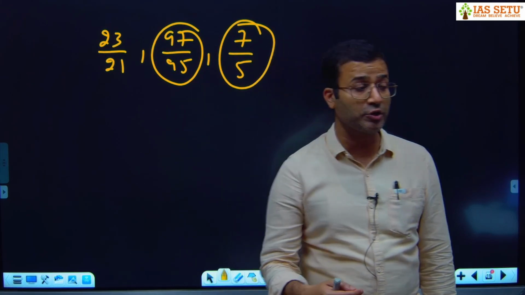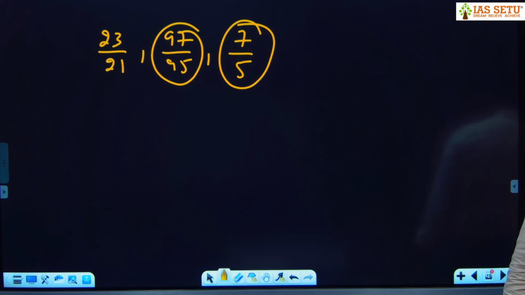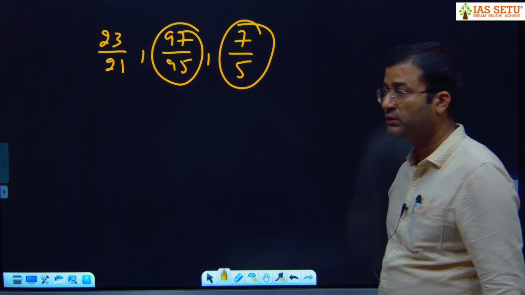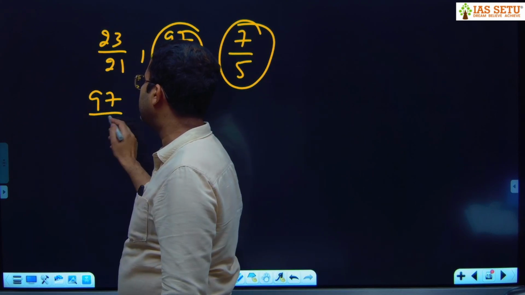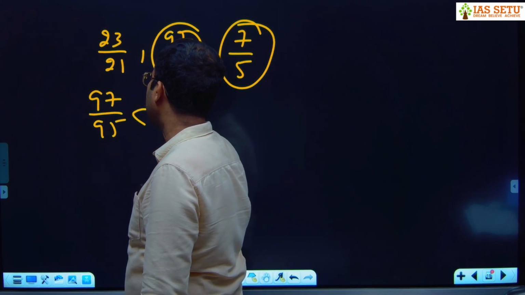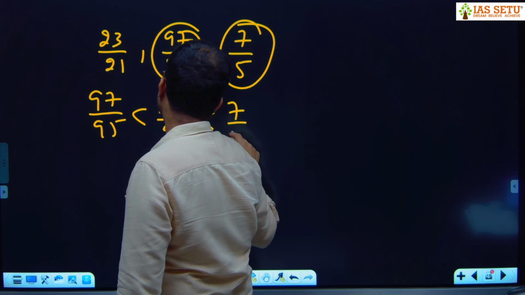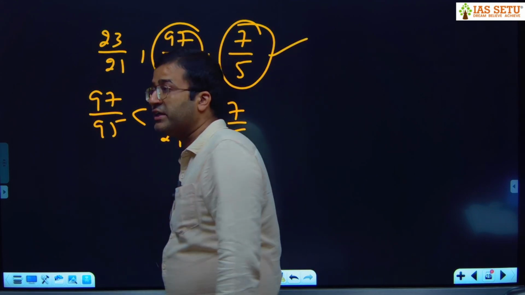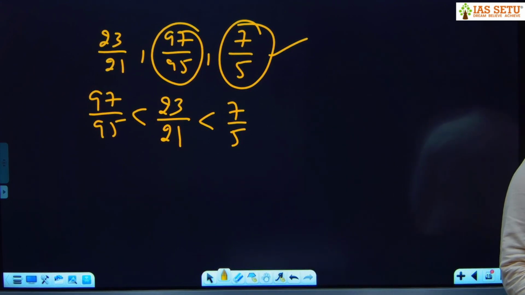You have to train your mind. Use a calculator and check, you will know. 97 upon 95 is smaller than 23 upon 21, smaller than 7 by 5. Here 7 by 5 is the largest. Why? Because these are improper fractions. Here the result is reversed.